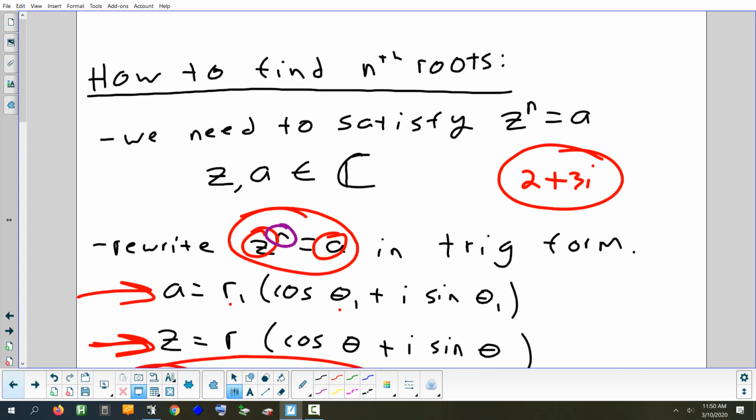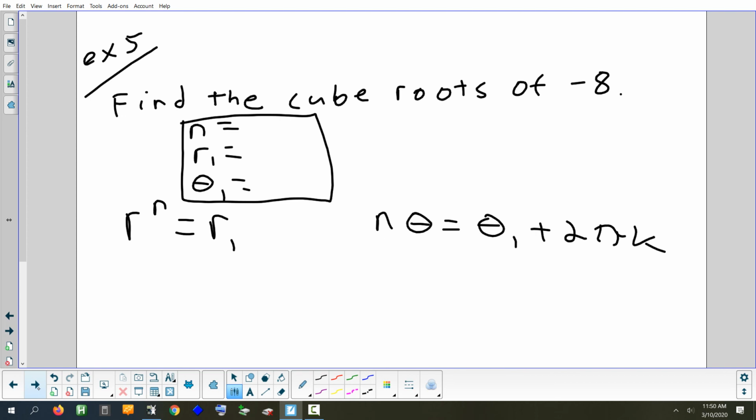Look at the equation there and look at what's above it. N is the root you're going by. It's the nth root. So what root are we doing in this problem? Cube. So n is 3.